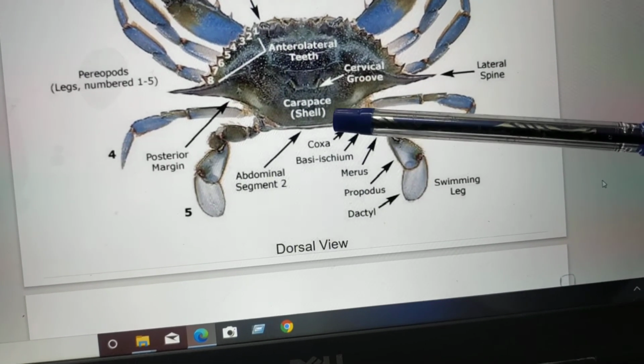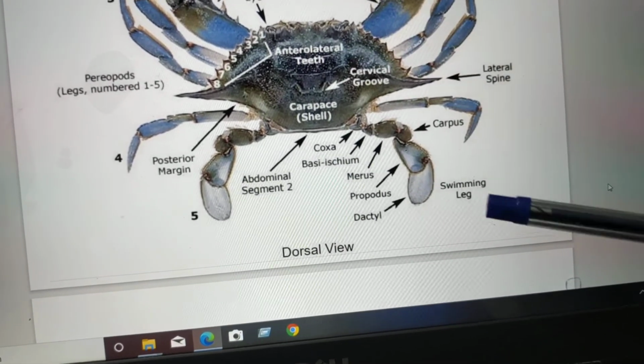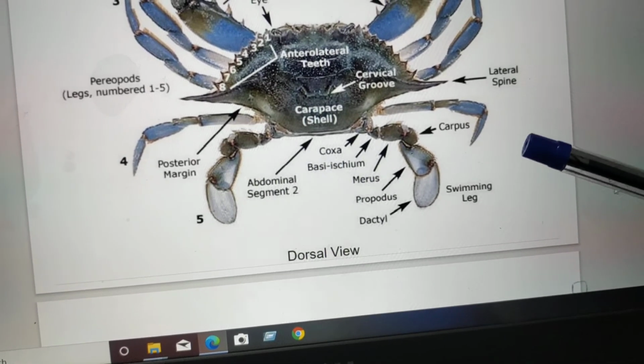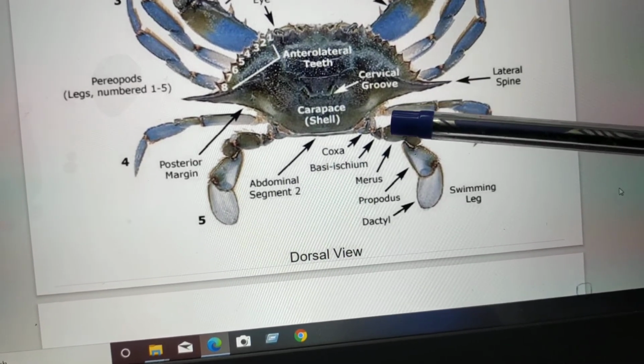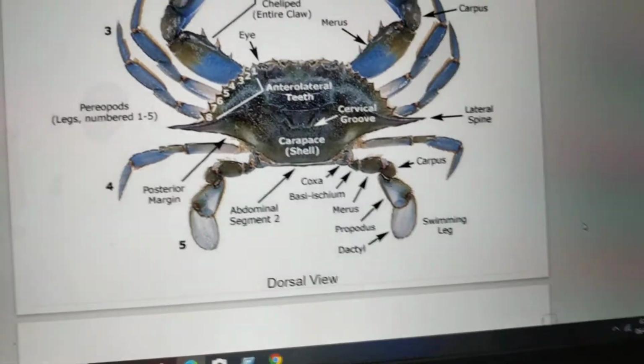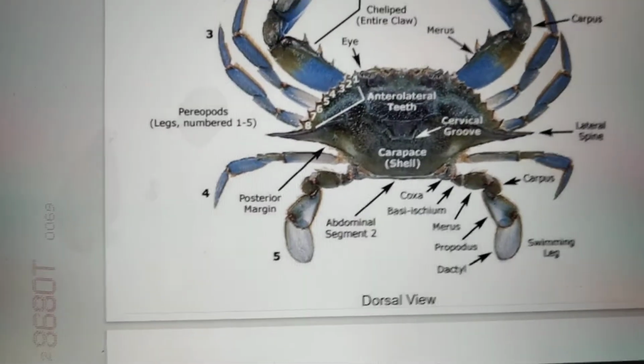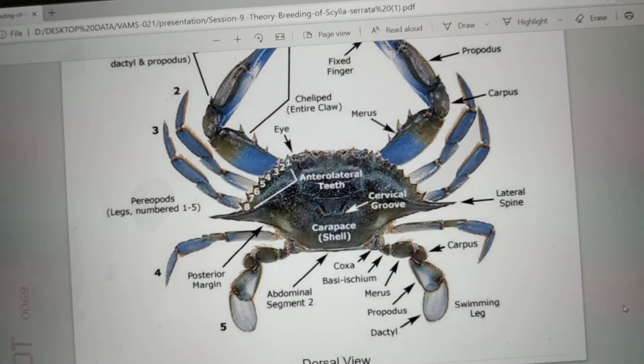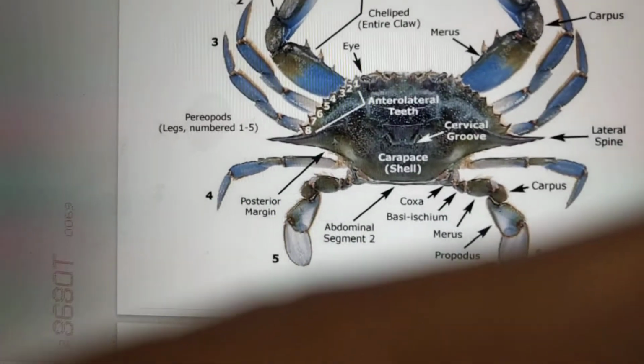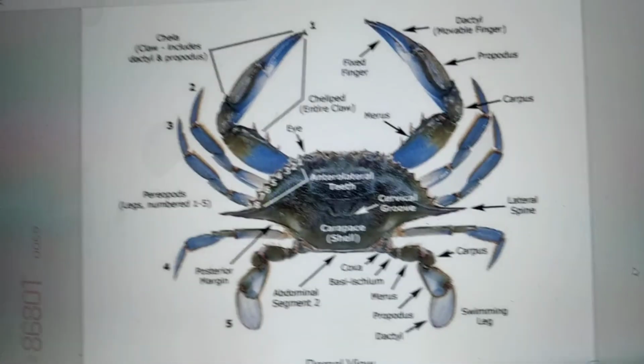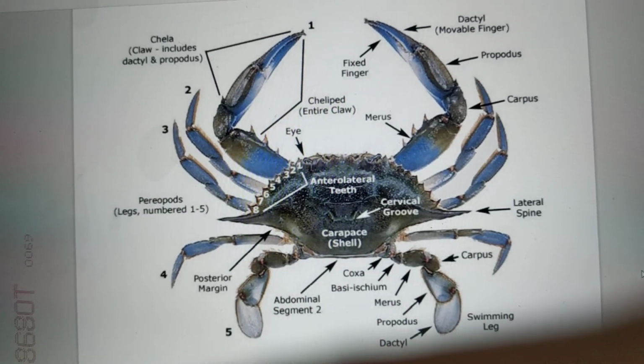Abdomen is very much reduced, and it is easily visible at the ventral side, right? So this is the structure and various parts of your crab. Thank you very much.